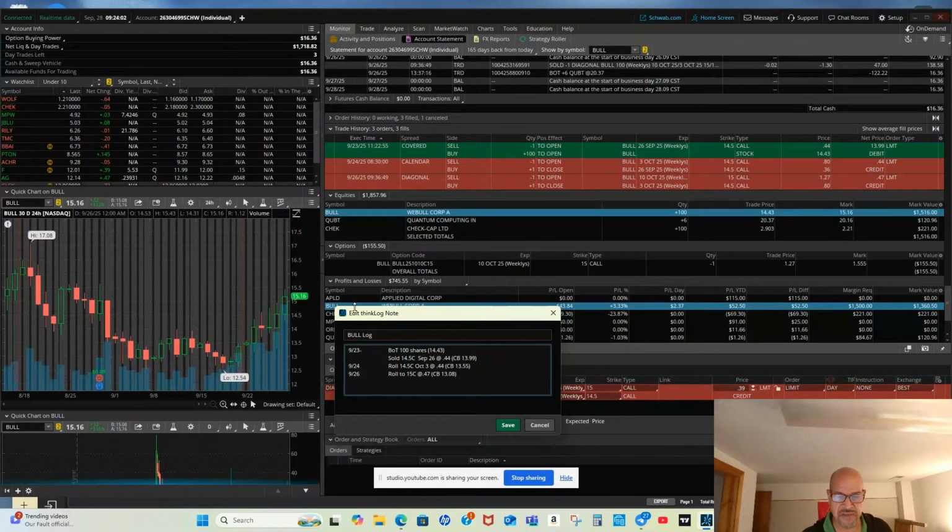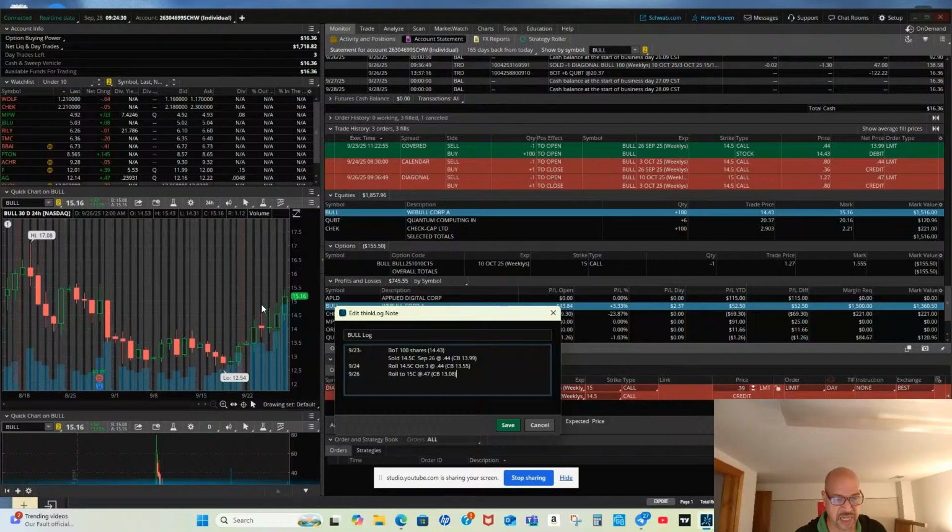Not to mention, if it should dip, if it should go just beneath the strike, so now it's $15. So if the price should get up here to say $16, or well, right now it's at 15, 16.